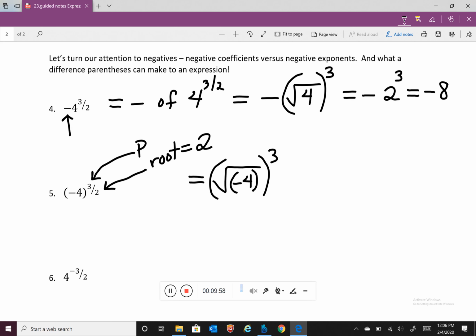Now, not only is our root 2, our root is even. And remember from the front page, if our root is even, then the base must be positive. But our base is negative, which means this is not a real number. And so we're done there.